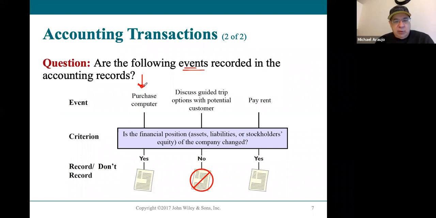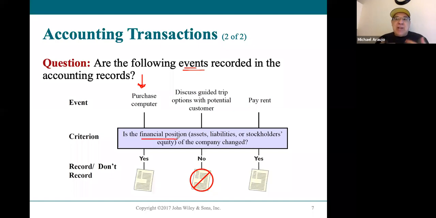At the time you purchased a computer, did the financial position of the company change? Yes. If you purchased that computer with cash, 2 accounts were affected by that. You have more equipment because you just bought a computer, but now you have less cash because you used cash to purchase the computer. Those 2 accounts would be affected.